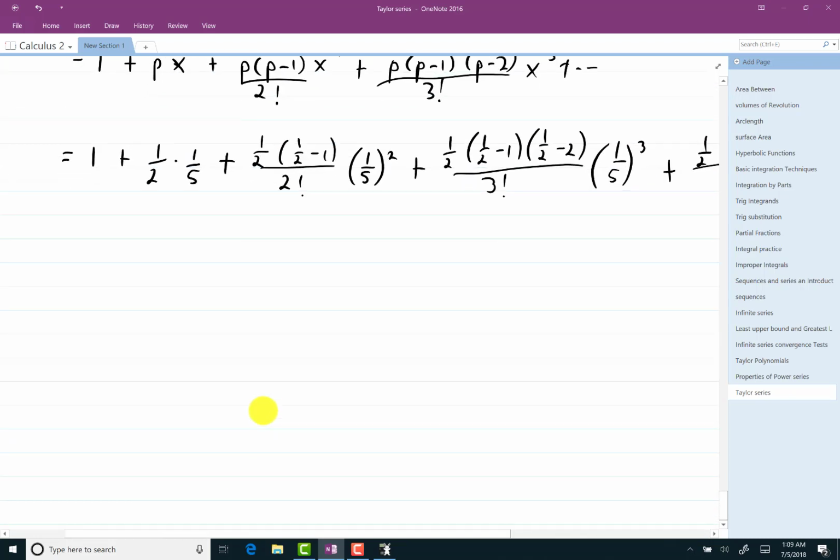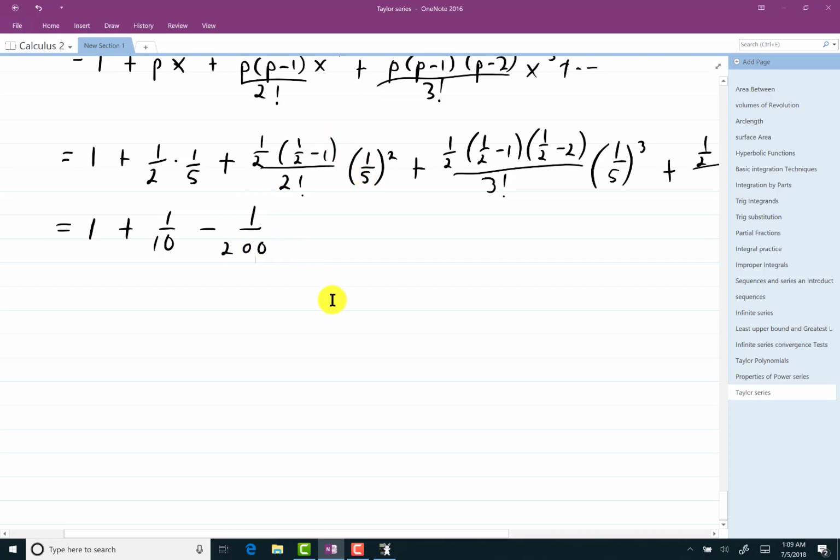And to make matters simple, I get 1 plus 1/10 minus 1 over 200. So there's the 1, there's the 1/10. This ends up being 1 over 25. That'll be the 100, and then another 2 will give you the 200.